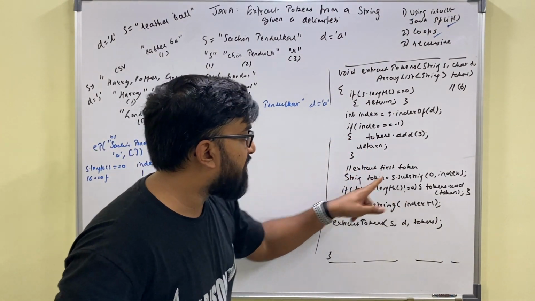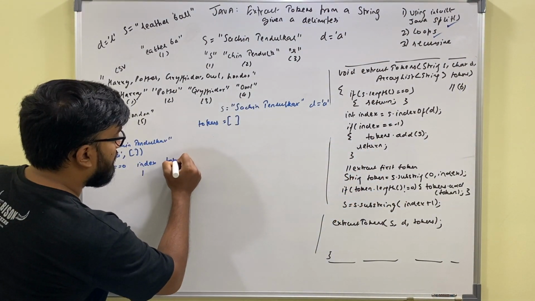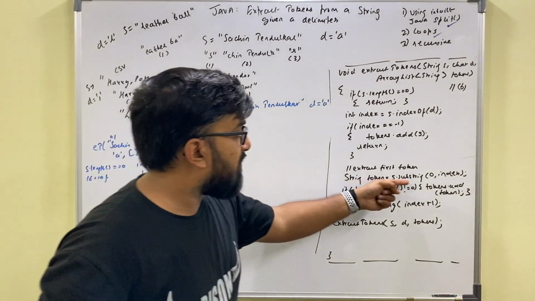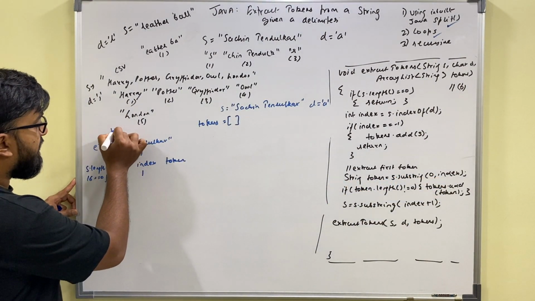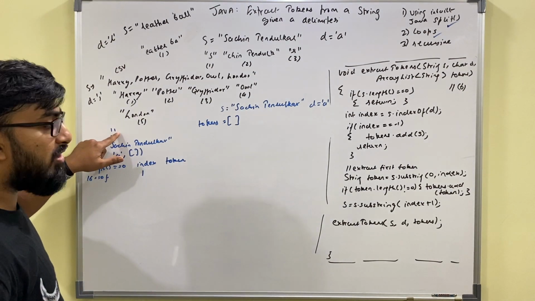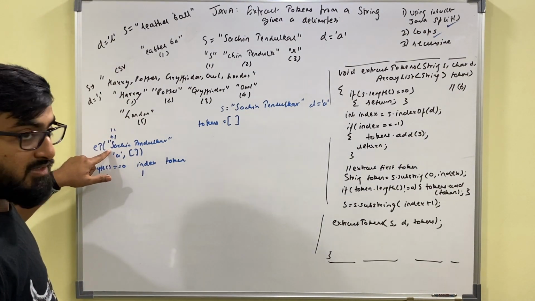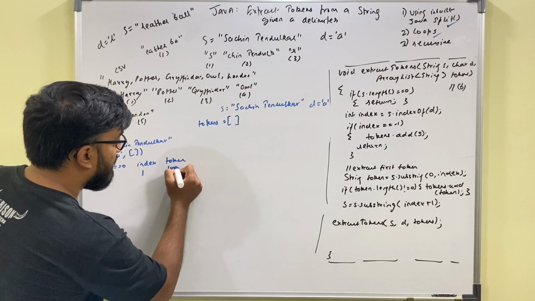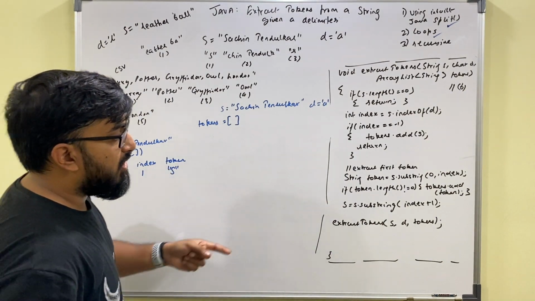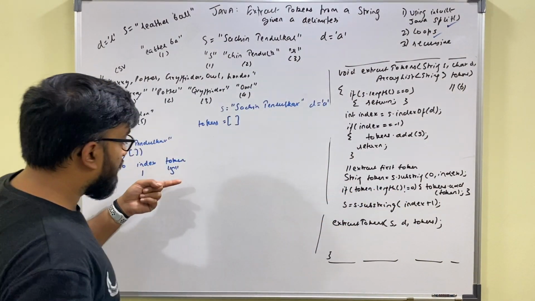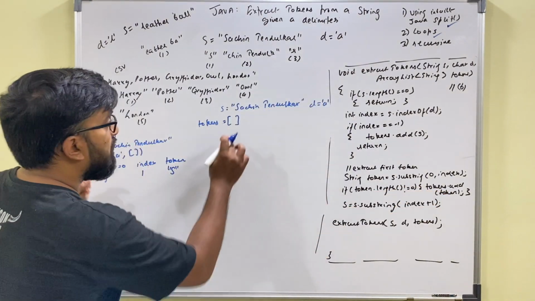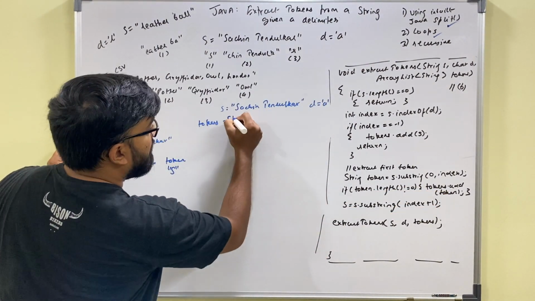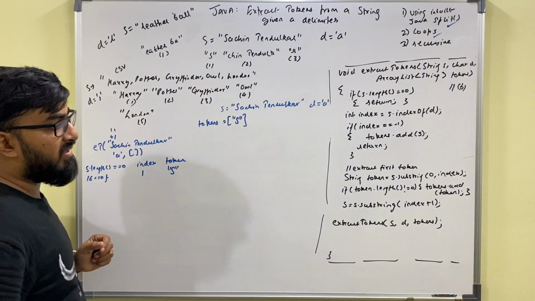You come here, you extract the first token. Token is S.substring(0, index). The second index is not included, so you get a string with only S, so your token is S. Token.length not equal to 0 is true because this is not a blank token. You add it to tokens, so tokens now becomes this.